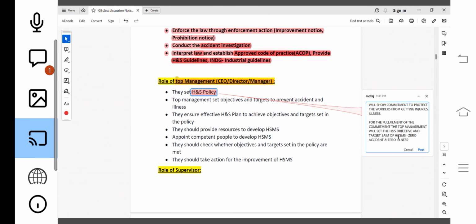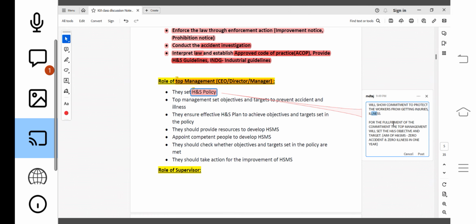For health, the objective is zero illness, and for safety, zero accident. They want zero accident in 1 year. So top management will set the objective and target in order to express their commitment for the protection of the workers from getting injuries or illness. They are setting to prevent injuries, and zero illness for health.